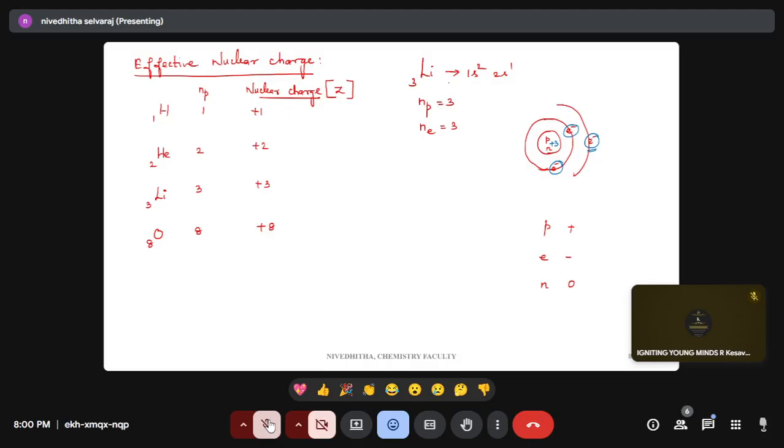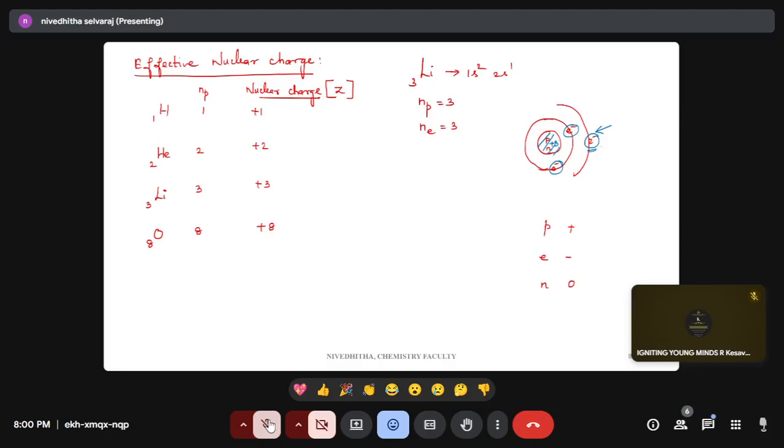Here we have the nucleus and here we have the electron, the valence electron we are considering, right? Between the valence shell and the nucleus we have the inner shell with two electrons, which revolve around the nucleus and shield it. So the nucleus is shielded by two electrons, and this valence electron will not experience the complete nuclear charge.